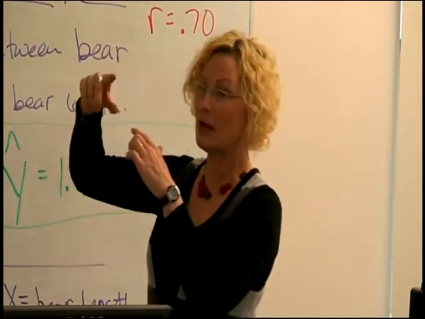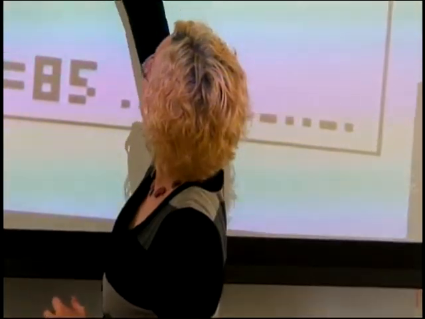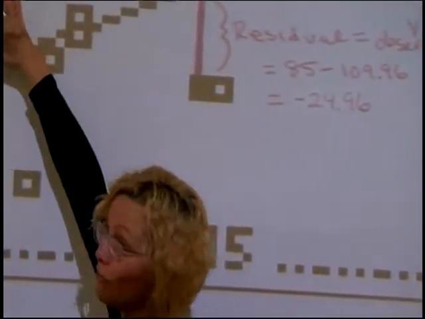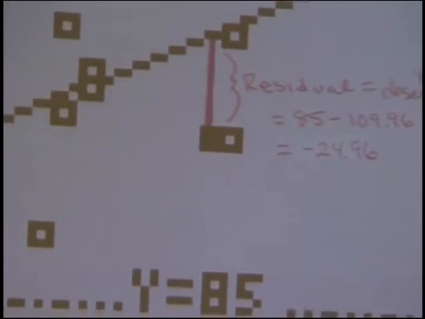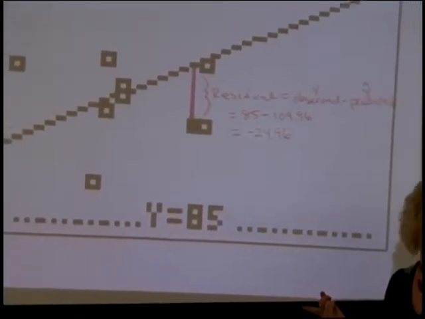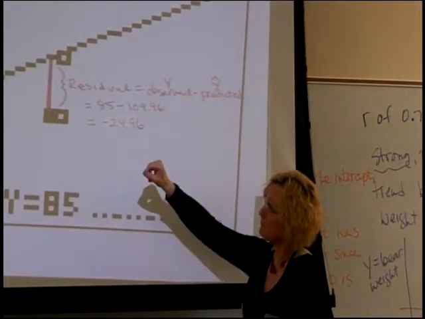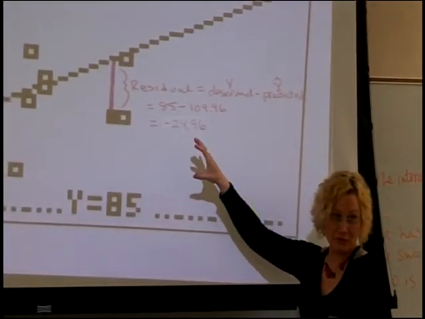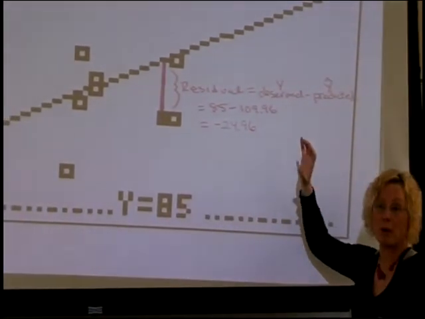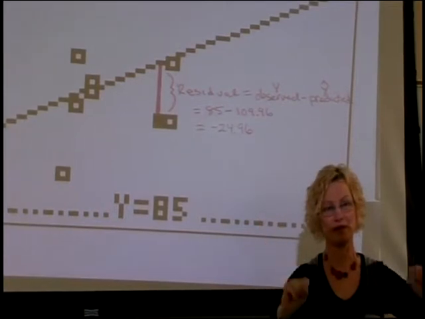Actually you square all of these distances first to make them all positive, and then sum them up. The formula's job is to make that distance as small as possible.